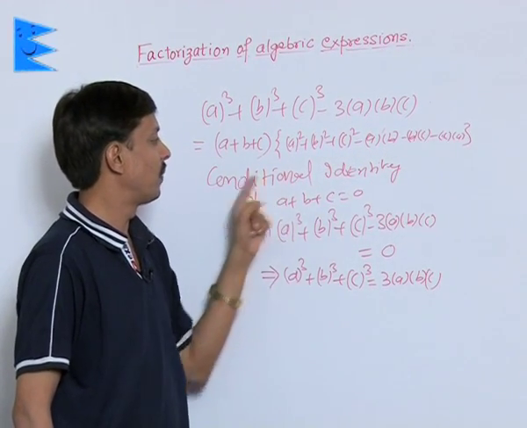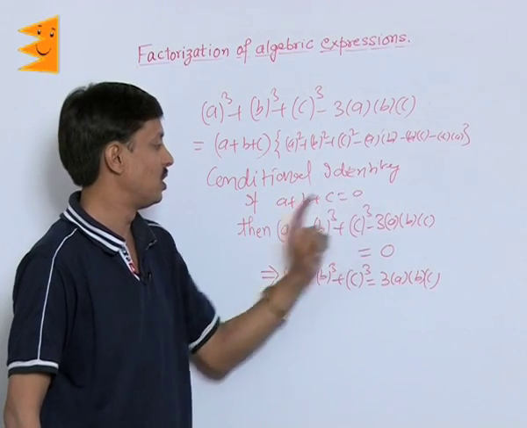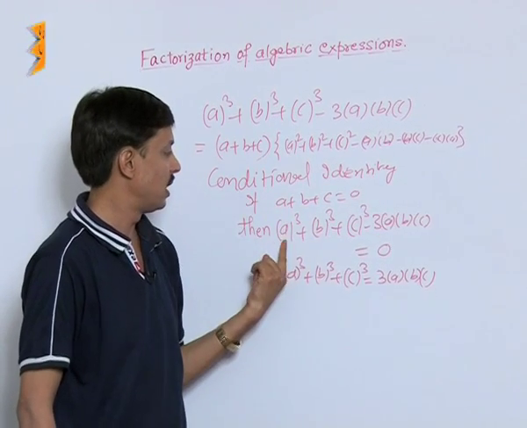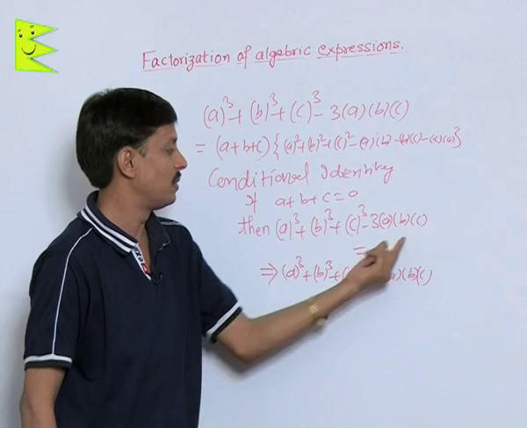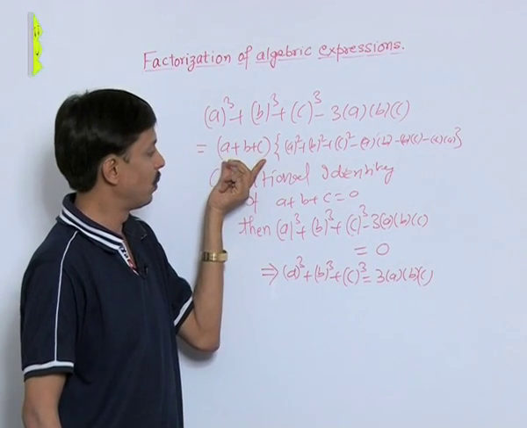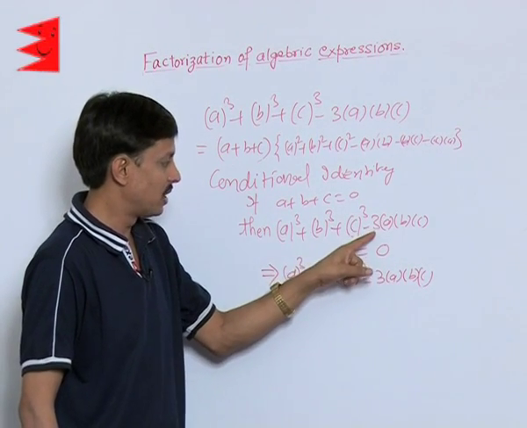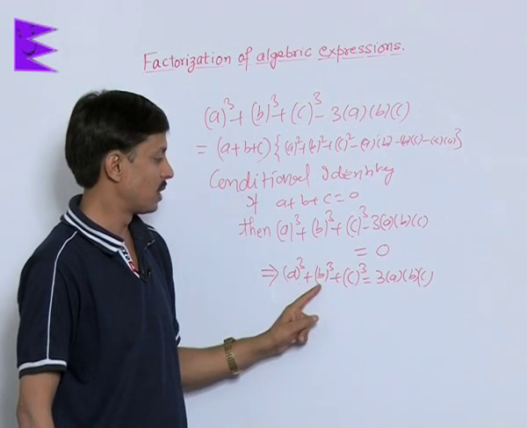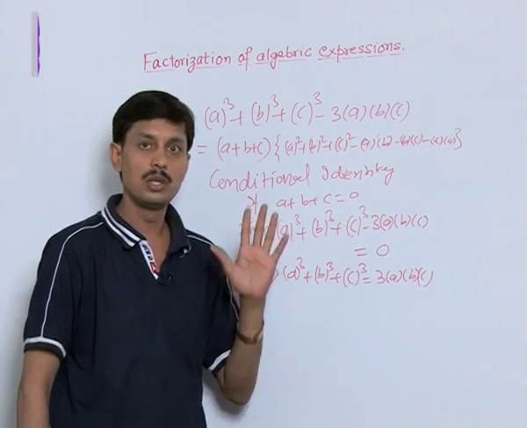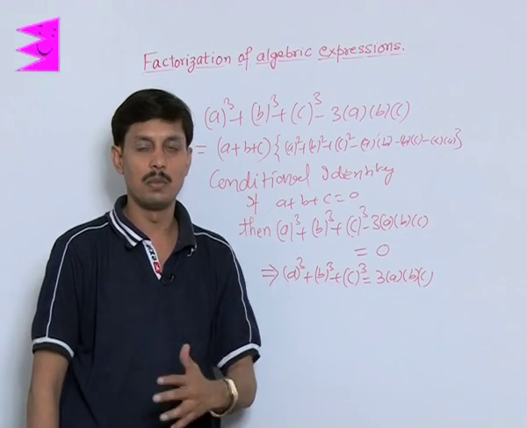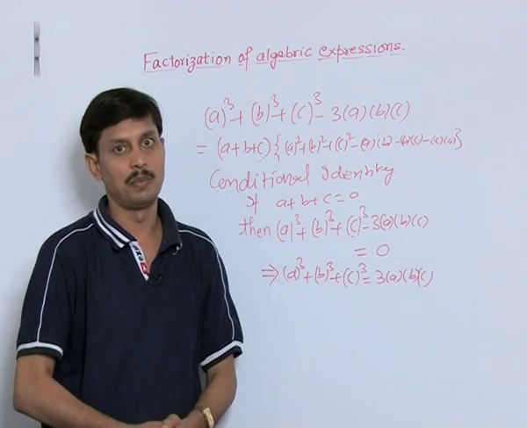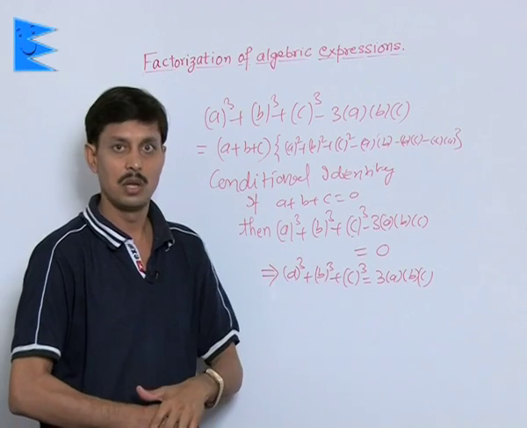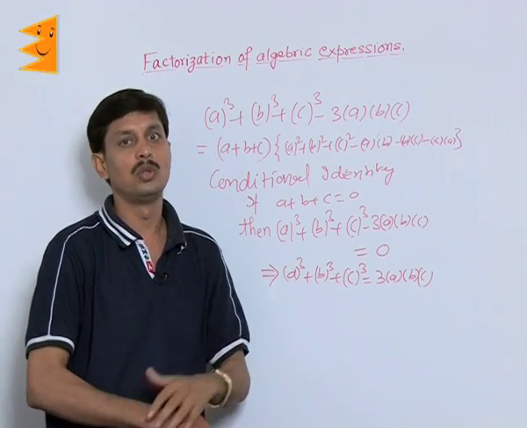In this identity, if the condition is given that a plus b plus c is 0, then there are two relations: a cube plus b cube plus c cube minus 3abc will be 0, because we can put 0 here. And if I shift minus 3abc to the right hand side, then this will be a cube plus b cube plus c cube is equal to 3abc. Now we will solve various examples. We will give you various questions to solve based on these identities.